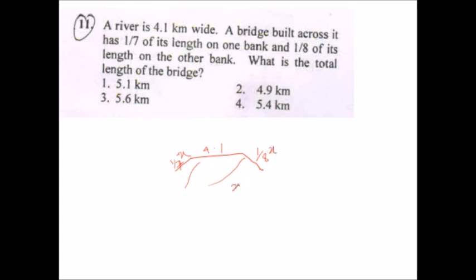Suppose the length of the bridge is x, then the total length will be 1/7 x plus 1/8 of x plus 4.1. When you solve this, you will get the value of x as 5.6.